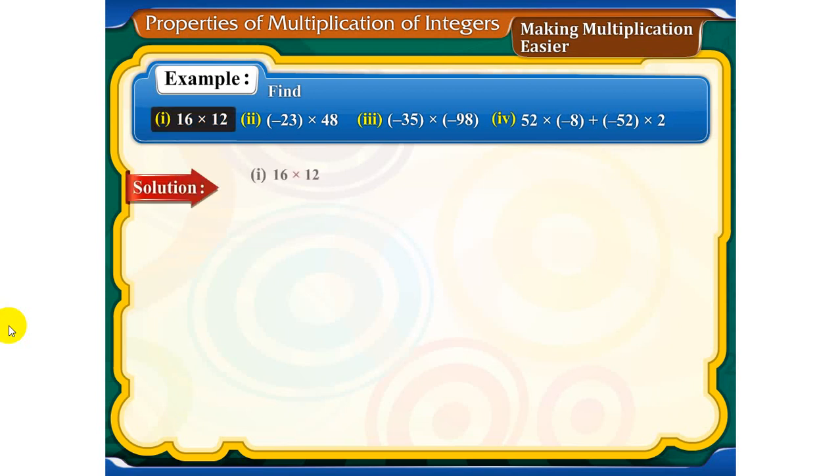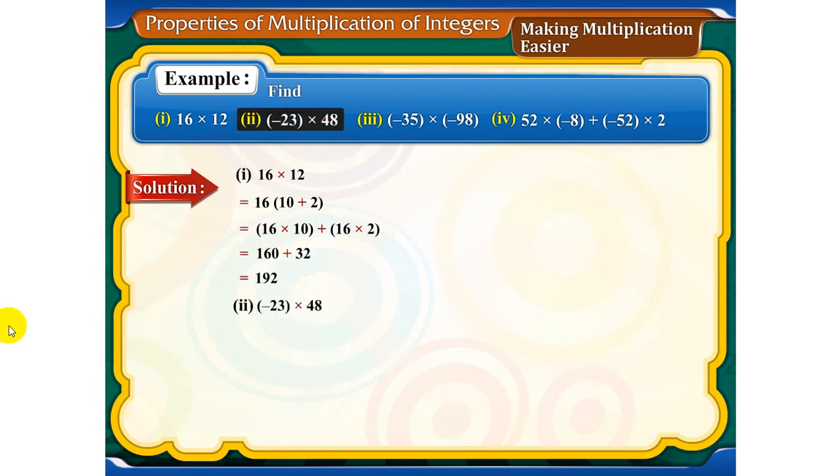The solution. 1. 16 multiplied by 12 can be written as 16 multiplied by (10 plus 2), which is equal to 16 multiplied by 10 plus 16 multiplied by 2, which is equal to 160 plus 32, which is equal to 192. 2.